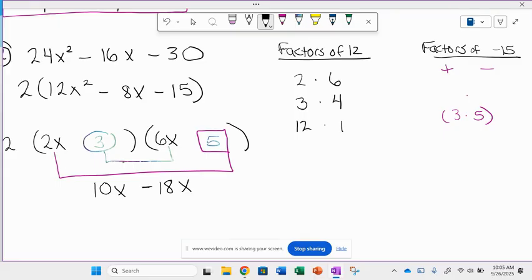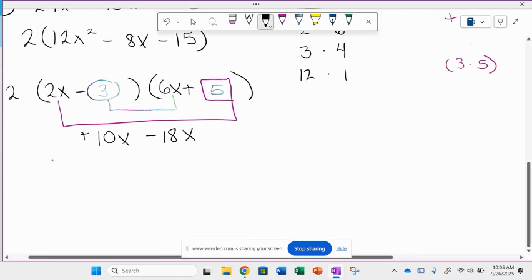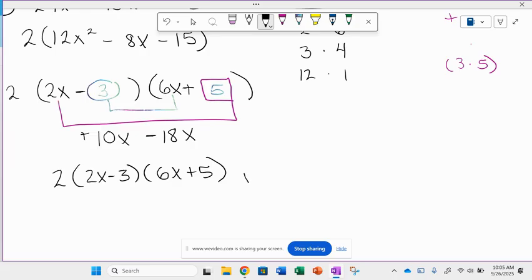Since the 18 would have to be negative, that means this 3 has to be negative because that's what got us that 18x. So if the 18 is negative, that means the 10 has to be positive. So this is a plus. And now we have our winner. So it's going to be 2 times the quantity of 2x minus 3 times the quantity of 6x plus 5.